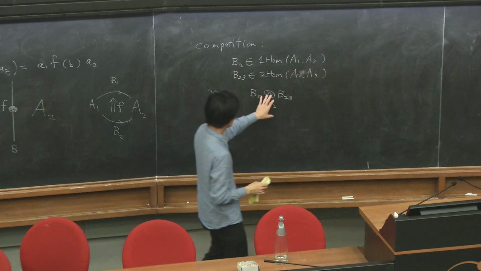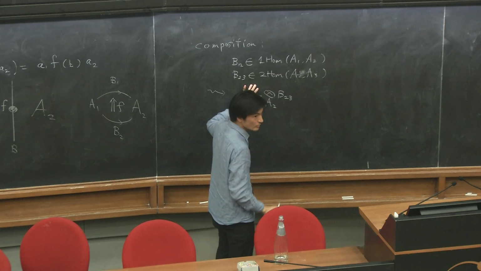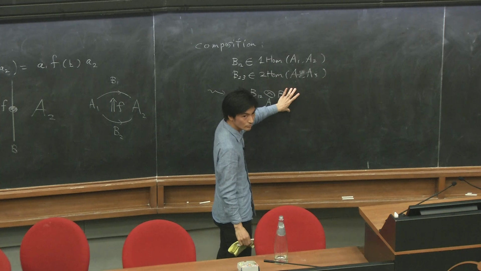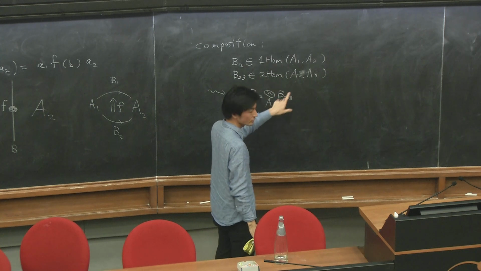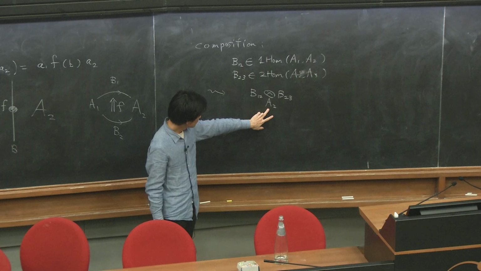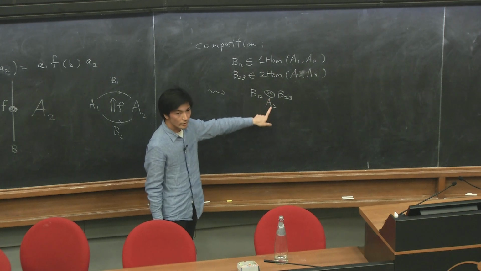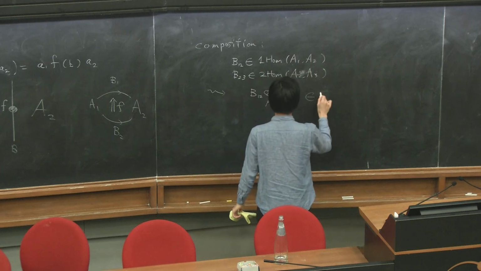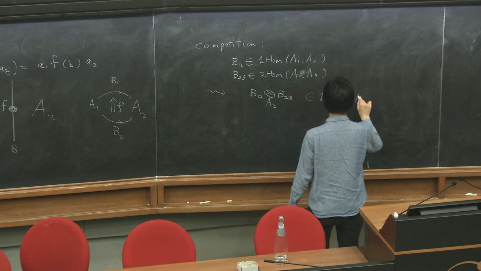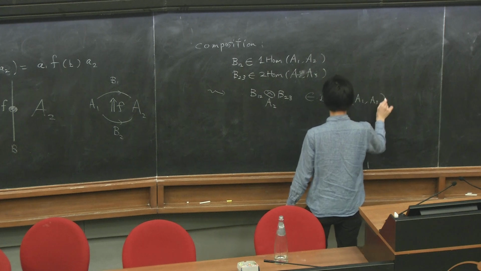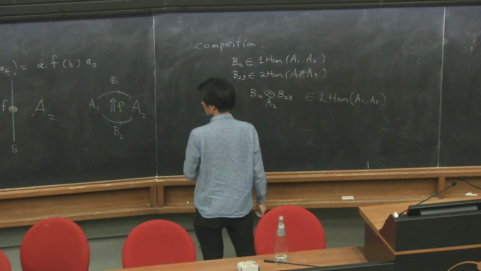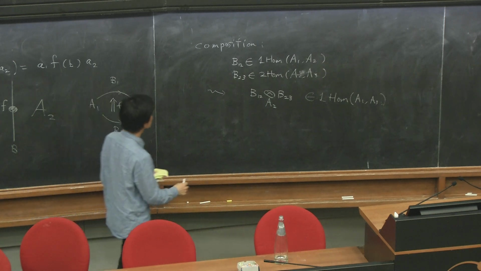I mean, this B12 is in particular a right A2 module, and B23 is in particular a left A2 module. So you can take the tensor product over A2, and you can show that this vector space has a structure of A1, A3 bimodule. So this is a composition of one morphisms.